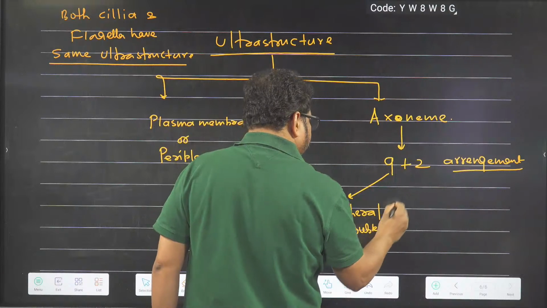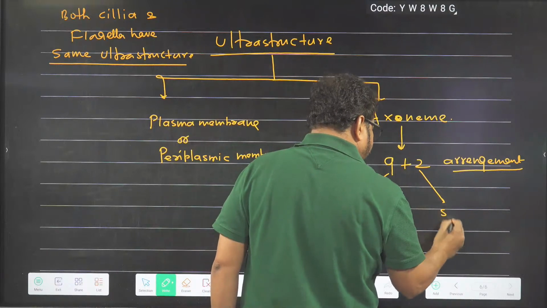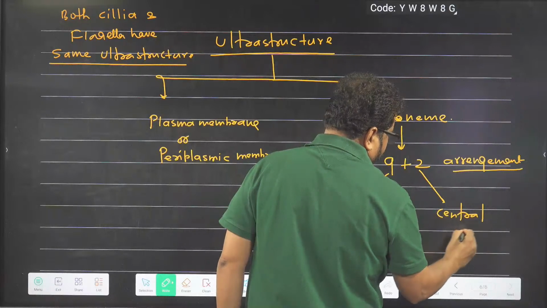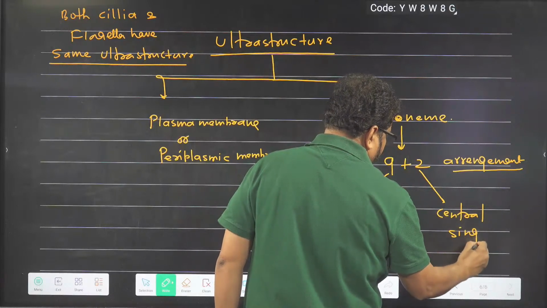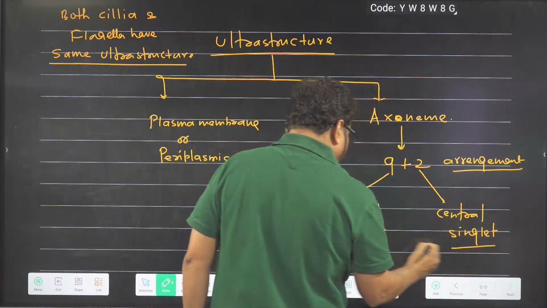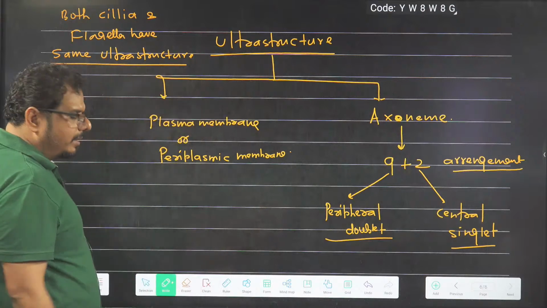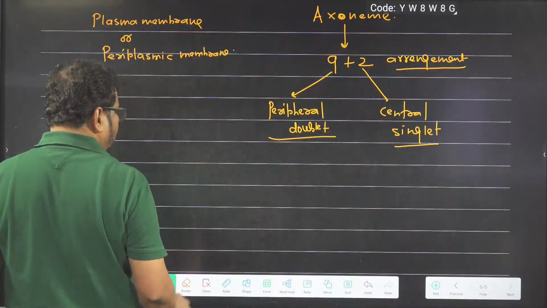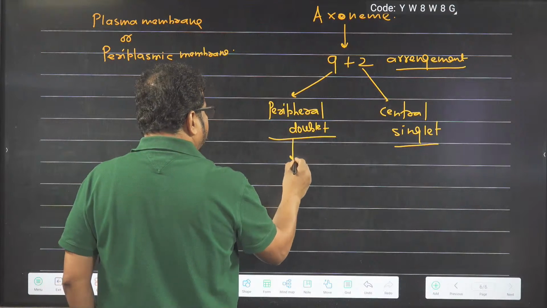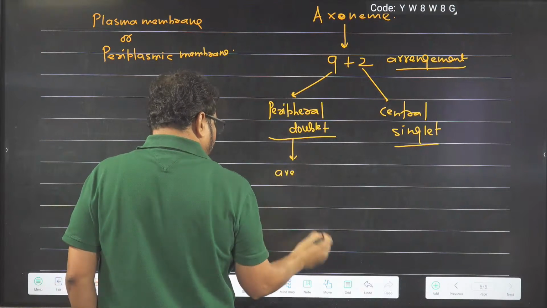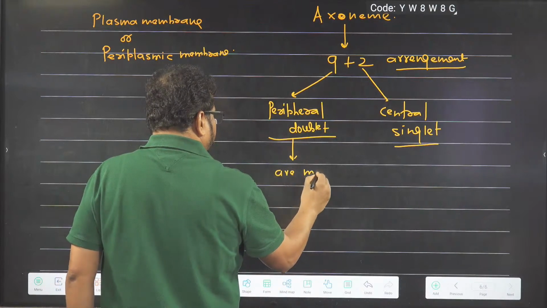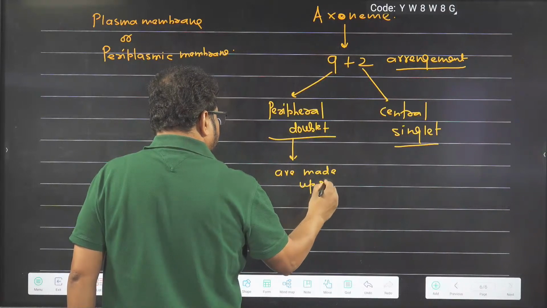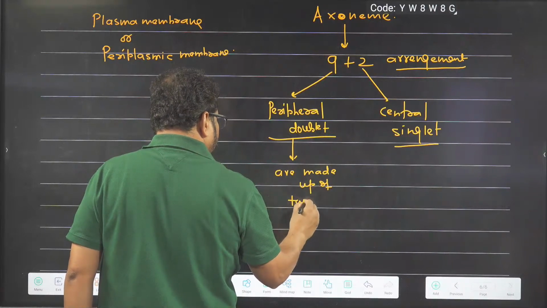Nine peripheral doublets are there and 2 central singlets are there. Now you will understand it through the diagram. These peripheral doublets are made up of microtubules, 2 microtubules.